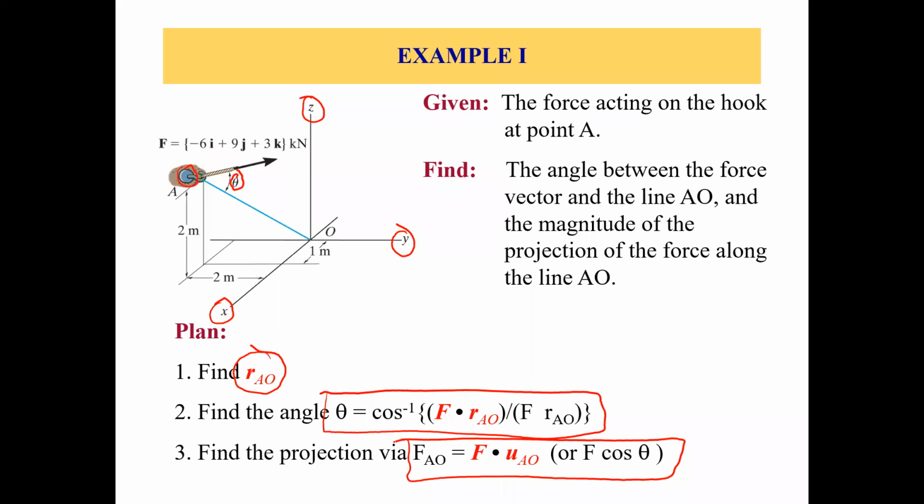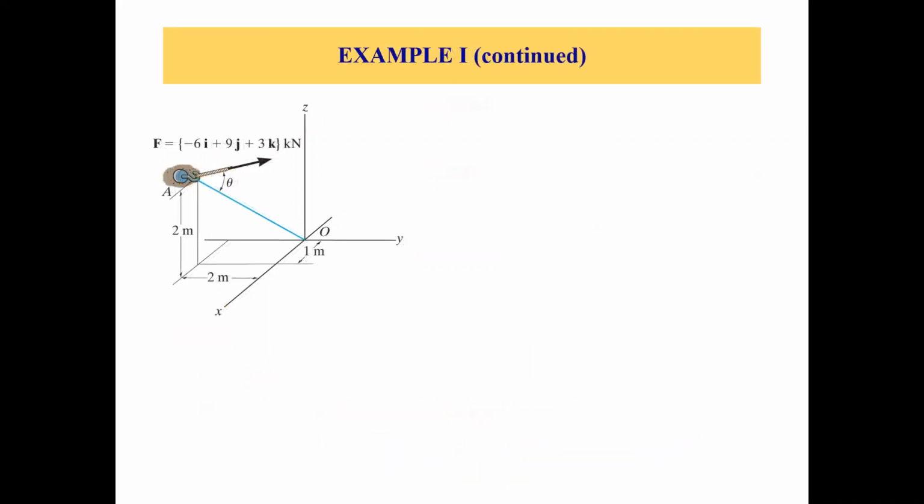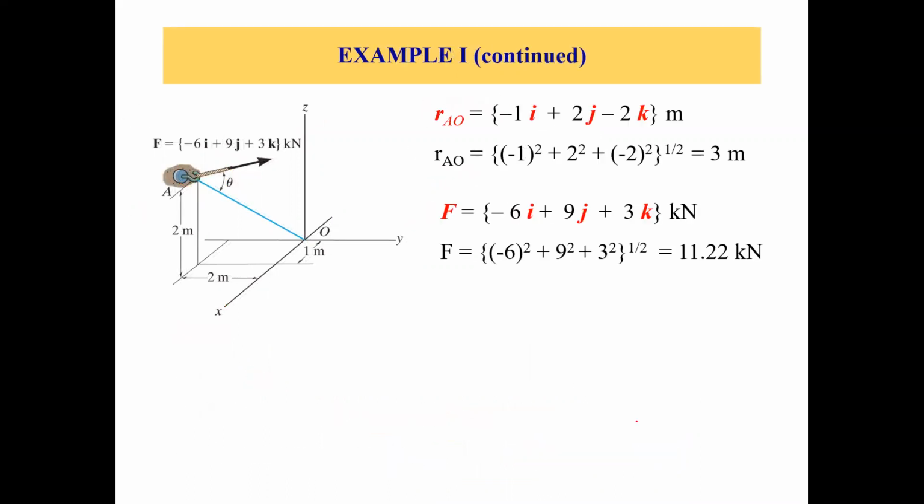If we know the force F, and if we know the angle theta, which we have found in the second step, we can just do F cosine theta and we will find FAO. All right, so now let's do it.